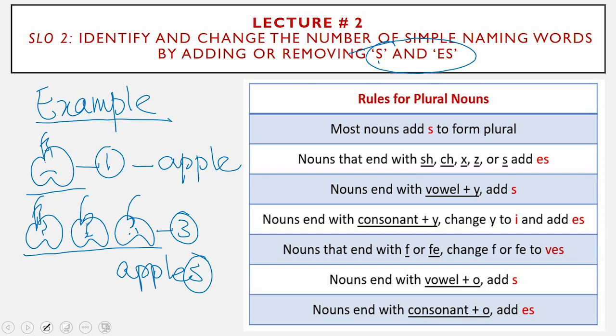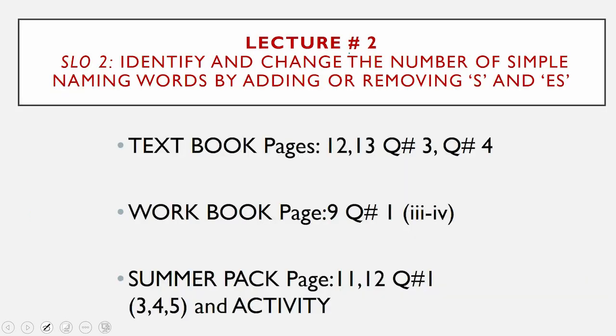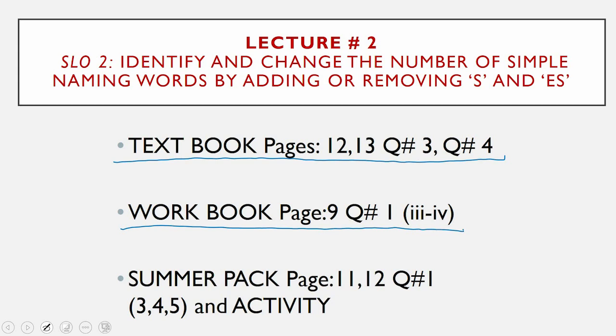So now let's look at the textbook page number 12, 13, question number 3 and 4, workbook page number 9, question number 1, part 3 and 4, and summer pack page number 11 and 12, question number 1, part 3, 4, 5, and the activity.